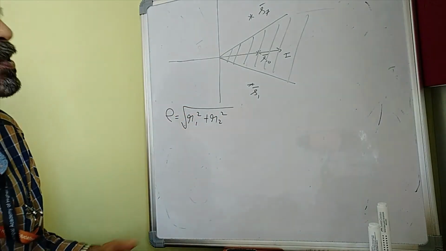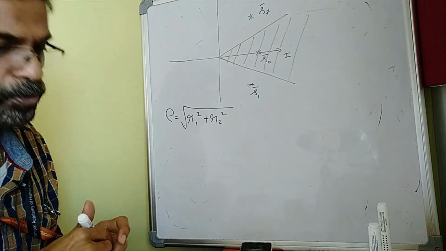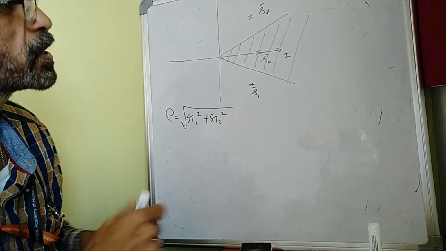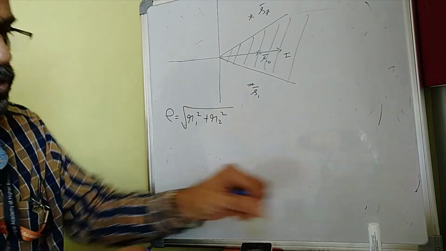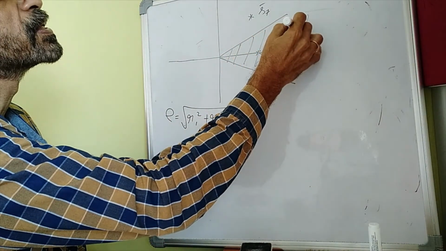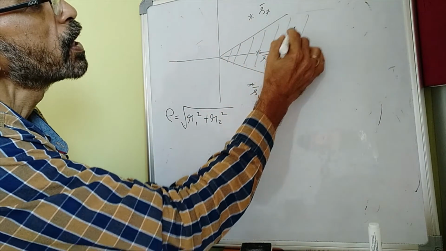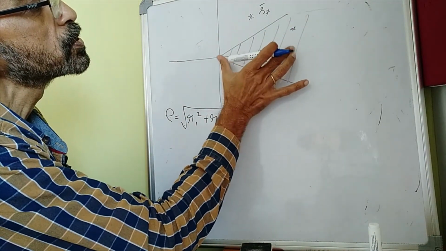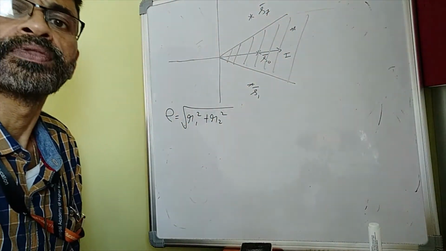Let's say R1, R2 corresponds to some point here. That means R1 is this, R2 is this.